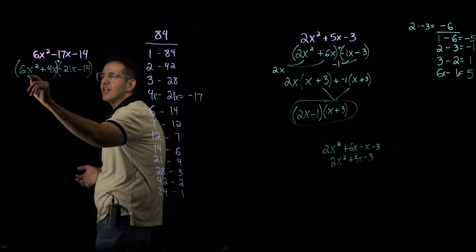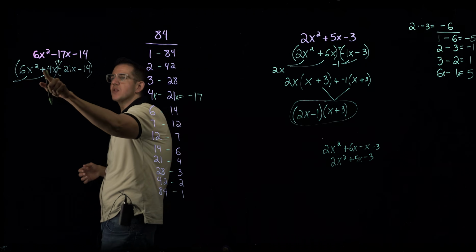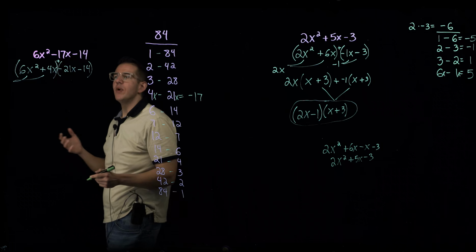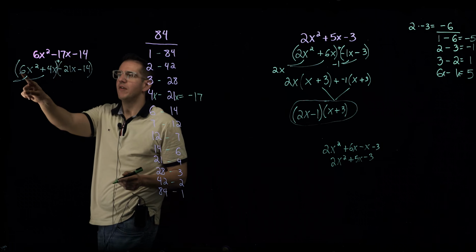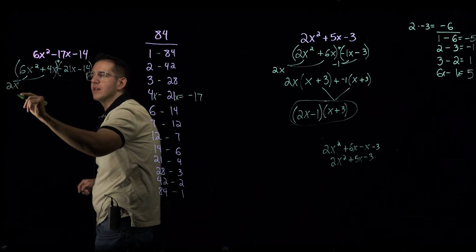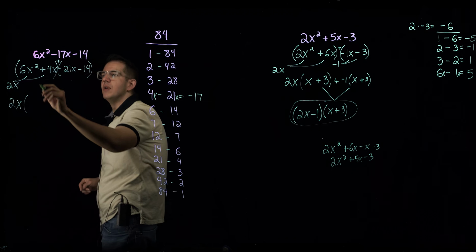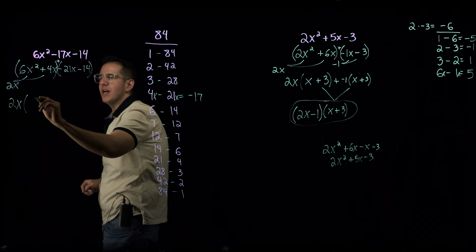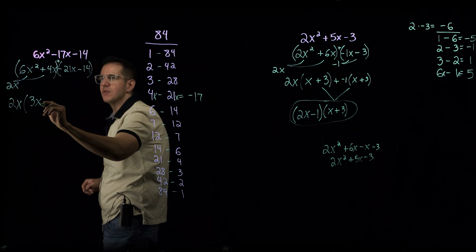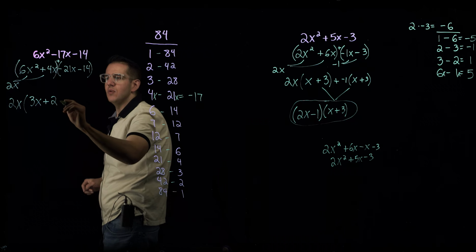Now we factor the common factor from each pair. 6x squared plus 4x, we have a common factor of 2 and x. So we factor out 2x to give us 2x times 6x squared divided by 2x will leave us with 3x plus 4x divided by 2x is 2.